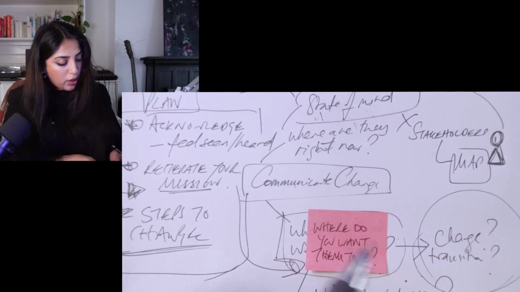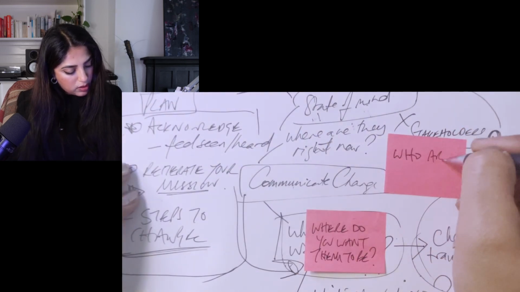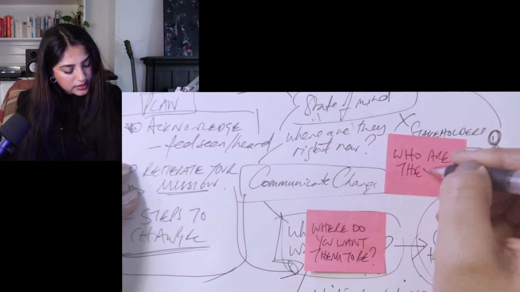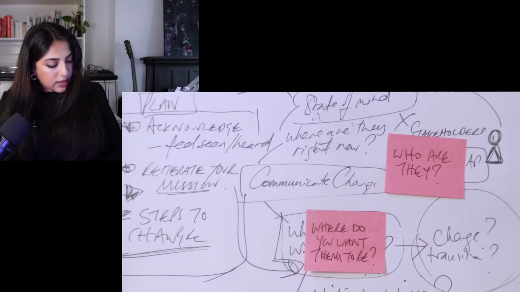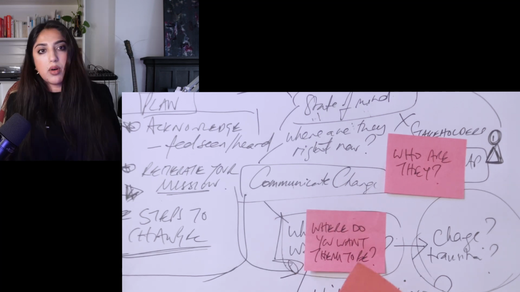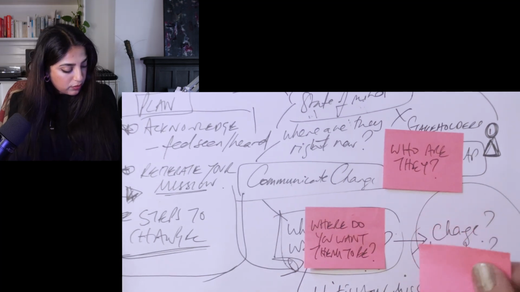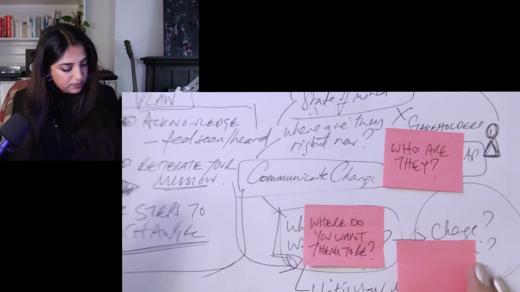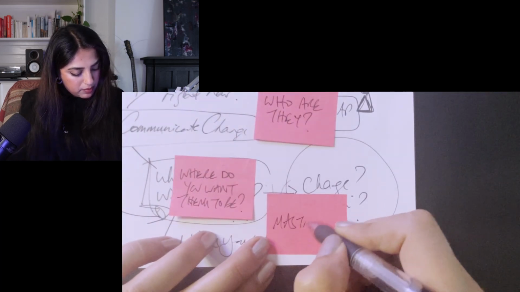And make sure you know, who are they? So all of your stakeholders, who are they? And then if you need to remind them of your steps, your plan, your mission, remind yourself. What's the master plan?